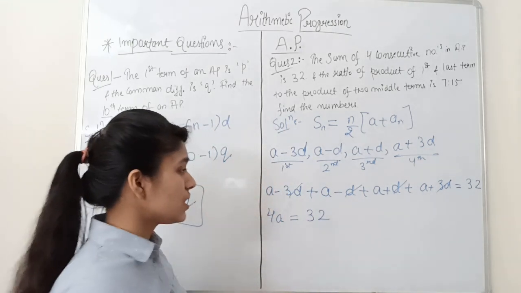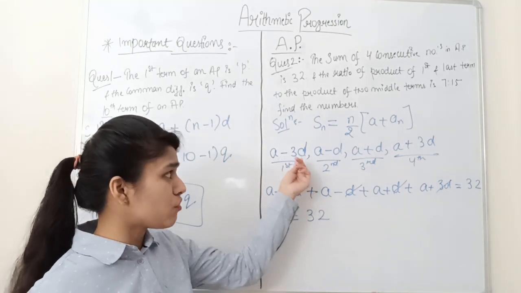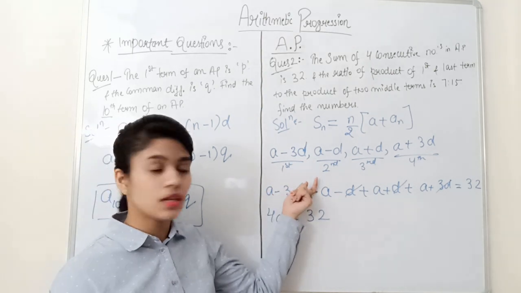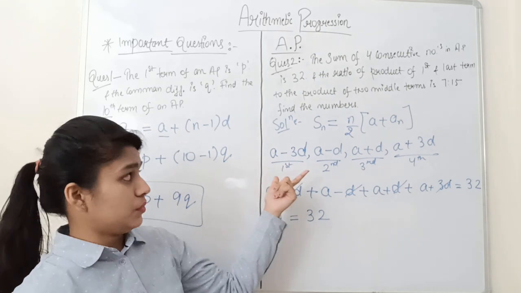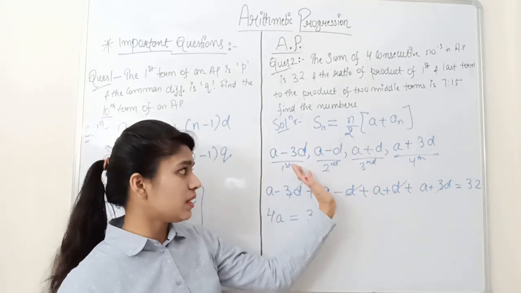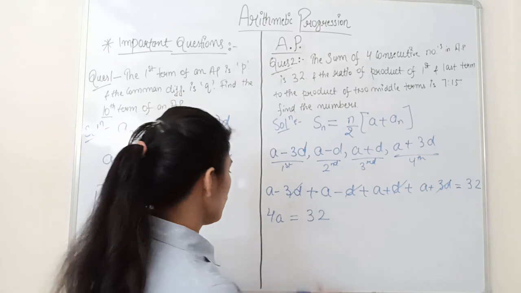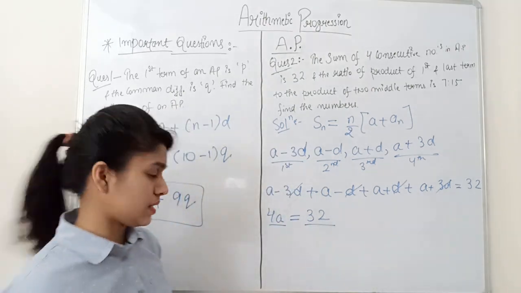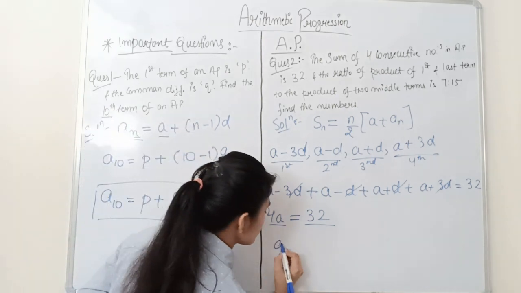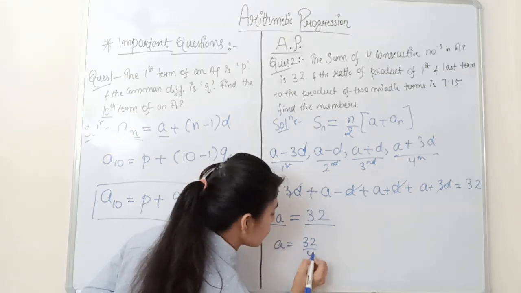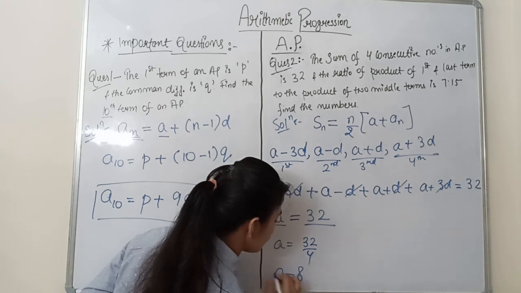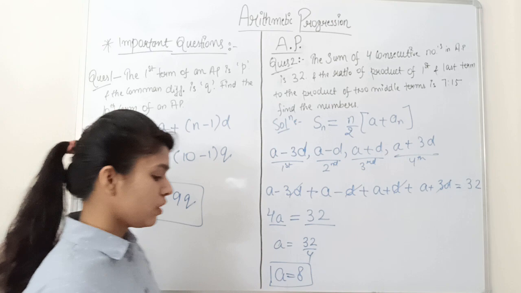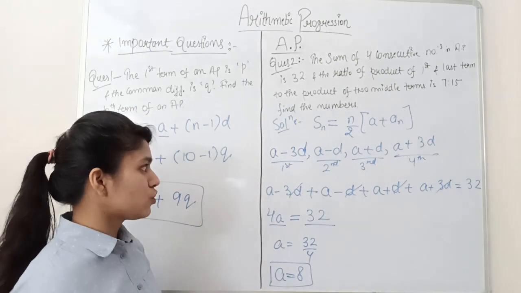We assumed these terms because the common difference should also be mentioned in the terms, but they cancel out, so it makes no difference. A equals 32 by 4, so the value of a is 8.